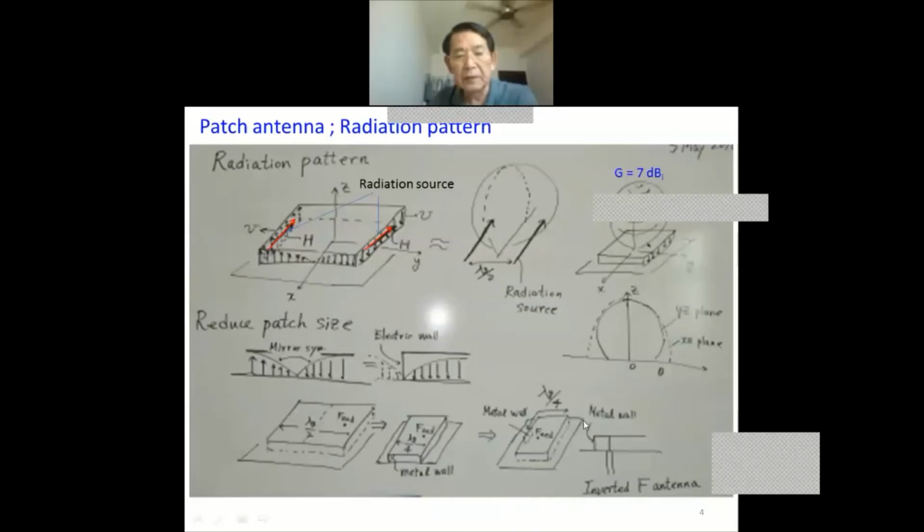From the cross-sectional view, this metallic plate is here, and the feed is someplace.